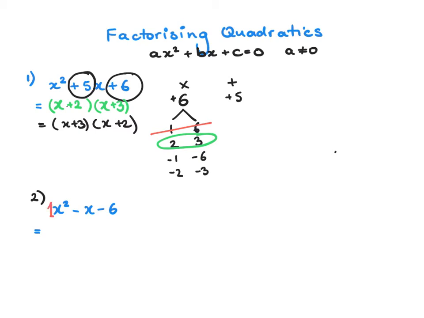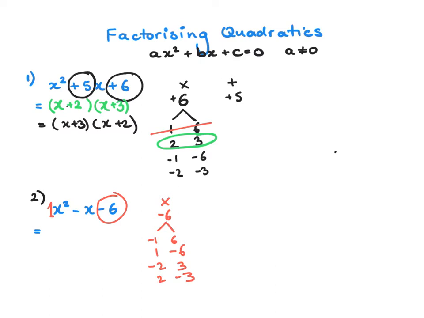When it's 1, this shouldn't be hard to solve. Now we're looking for the product of two numbers, or pretty much we're looking for the factors of -6. Okay, -6. Two numbers multiply to give us -6. So we have -1 and 6, we have +1 and -6, -2 and 3, +2 and -3.